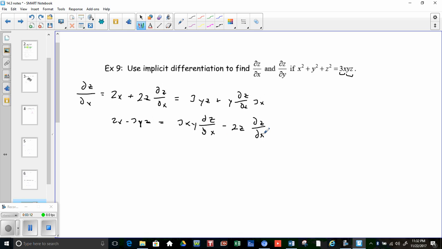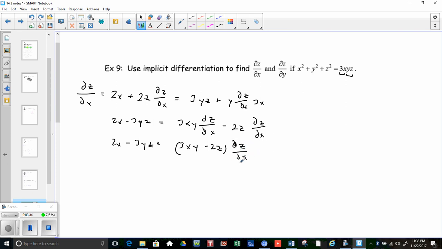And now that we've got all the dz dx's on the same side of the equal sign, we can factor that out. So 2x minus 3yz equals 3xy minus 2z, dz dx.